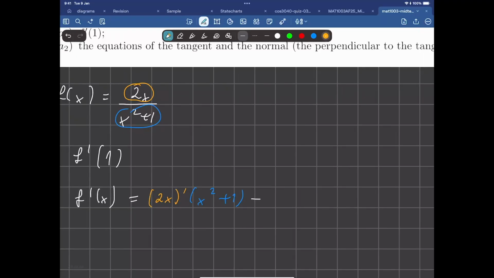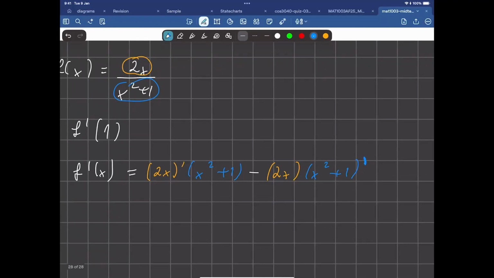We subtract almost the same thing, but this time we take the derivative of the denominator instead. So I'm still going to have 2x, I'm still going to multiply by x squared plus 1, but now I apply the derivative to this one. And then we just divide by the denominator squared. So that's x squared plus 1 squared, all right?